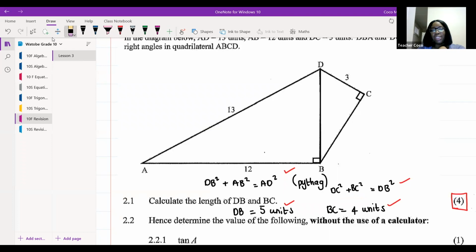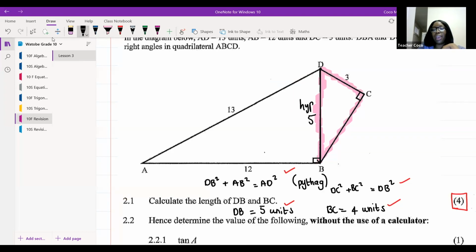So my DB would then be, DB is what we're looking for. Then I would replace AD with 13 squared. Oh, Nolazi says, please explain how you all calculated BC. Absolutely. So remember, we've just calculated DB, and DB came to 5 units. Now, if you look at our triangle, Nolazi, in the smaller triangle over here, DB becomes my hypotenuse.